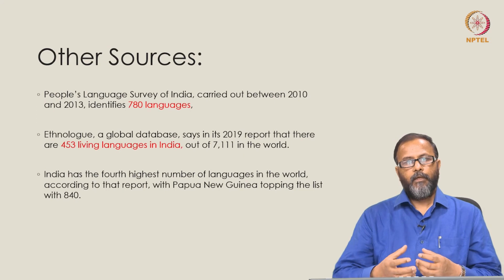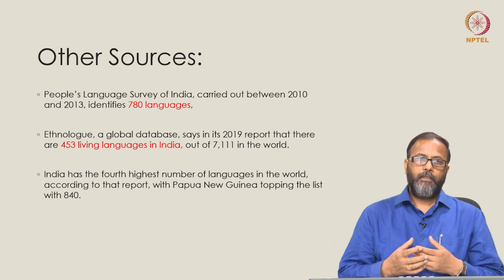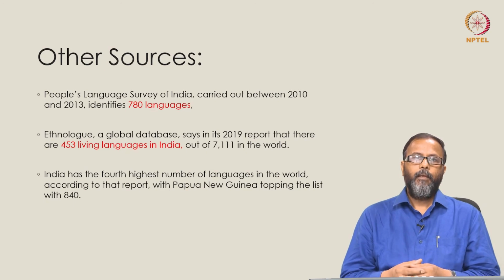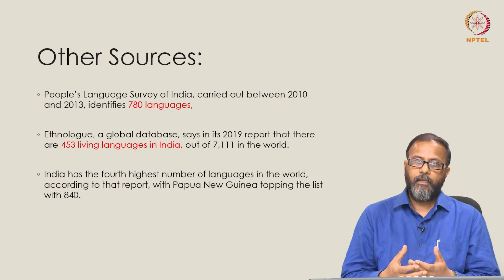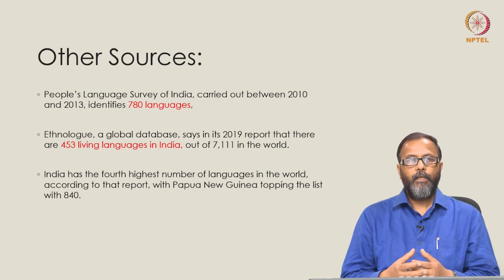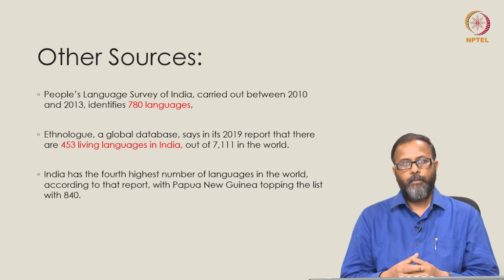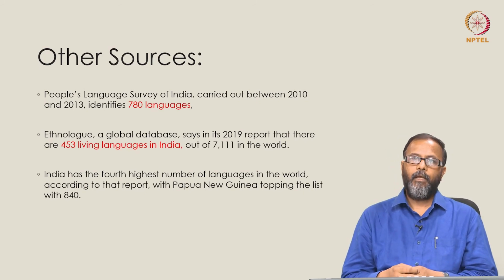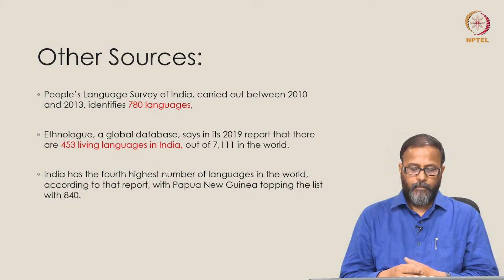So now these numbers are quite confusing. Census of India declares 121 languages. People's Survey of India, Linguistic Survey of India declares 780 languages. The World Database on Languages, Ethnologue, declares in its 2019 report 453 languages. Right?